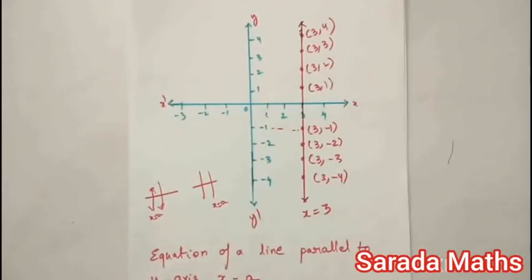So finally we learned that any linear equation in the standard form ax plus by plus c will be a straight line passing through x and y axis, and any linear equation in two variables of the form y is equal to k into x will be a straight line passing through the origin, and any line which is parallel to y axis will be x is equal to a, parallel to x axis will be y is equal to a, and also we learned that the equation of x axis will be y equal to 0, equation of y axis will be x is equal to 0.